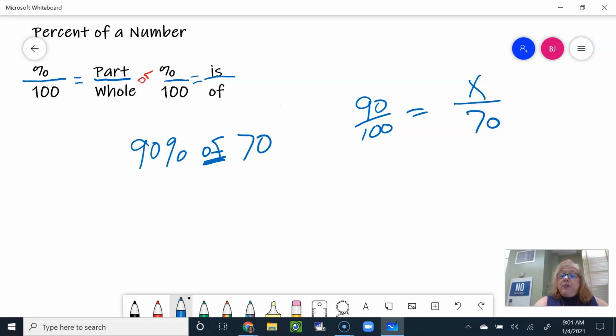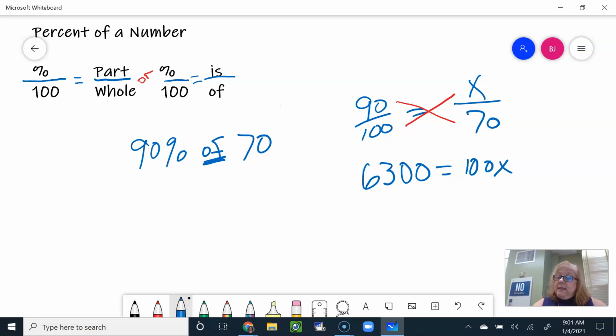Okay? So once again, to solve for x in this case, we're going to do cross multiplication. So 9 times 7 is 63, and I have 2 zeros. That's how you can do that quickly in your head, equals 100x.